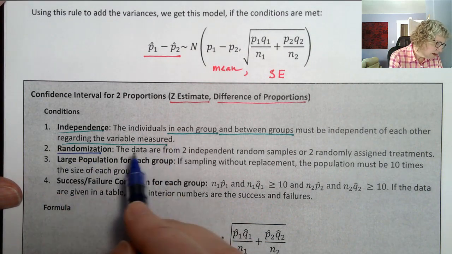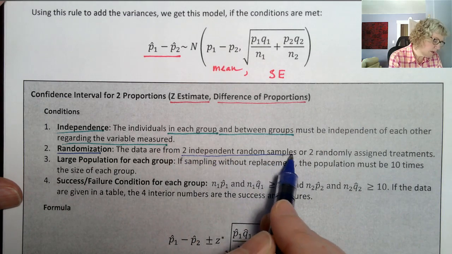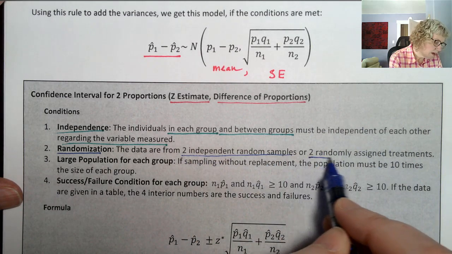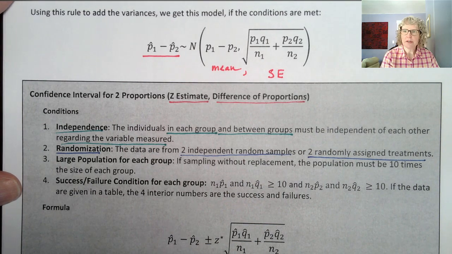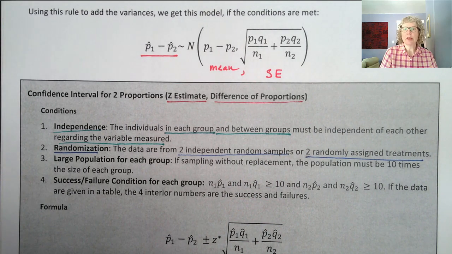Randomization: the data are from two independent random samples or two randomly assigned treatments. Remember that random assignment is so important in an experiment because we want to make sure to spread out any other variables. We don't want it to be due to something else. So usually we'll have either one of those.